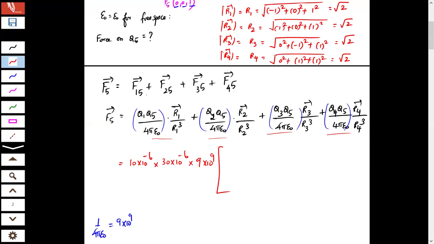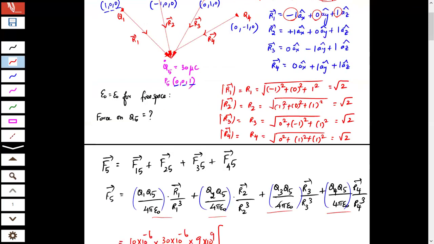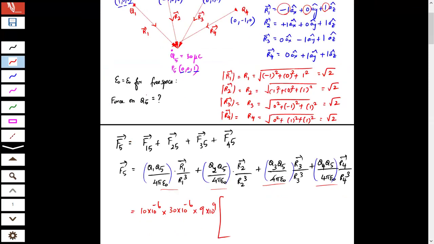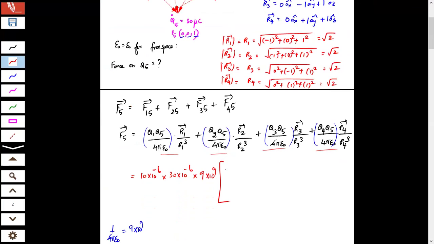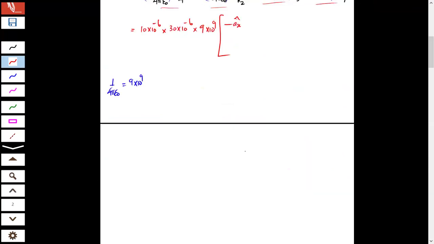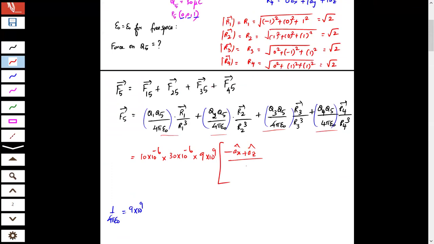So let us start taking the R1, R2, R3, R4 vectors and write this force expression. Here R1 I'm simply writing as minus AX cap plus AZ cap, and the magnitude of R1 is root 2, so I should write root 2 cube.